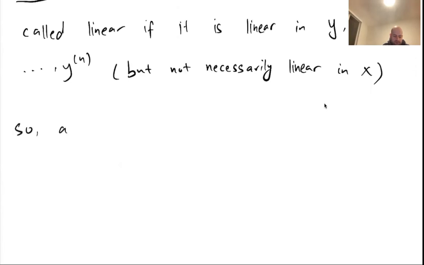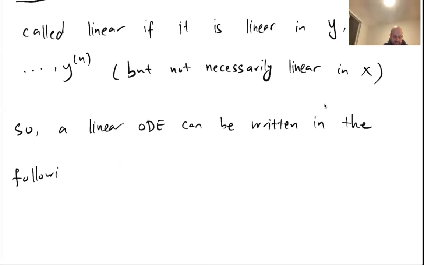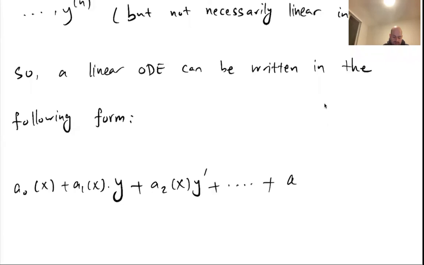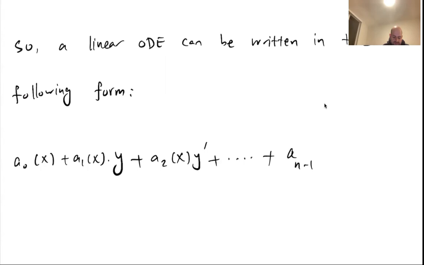So a linear ODE can be written in the following form: a1 of x times y, plus a2 of x times y prime, all the way to a n plus 1 of x times the nth derivative of y, equals 0.